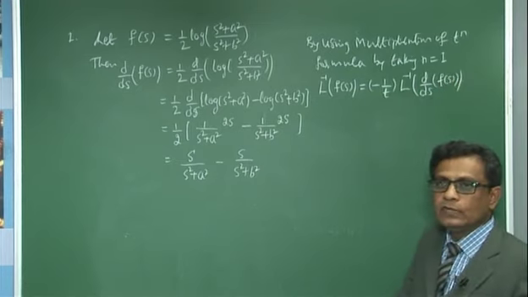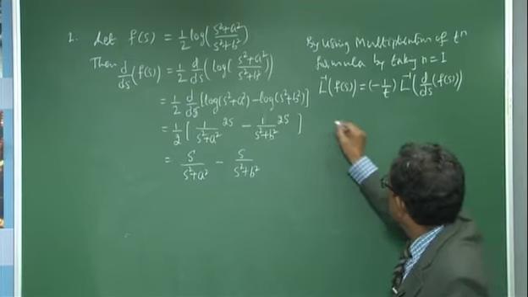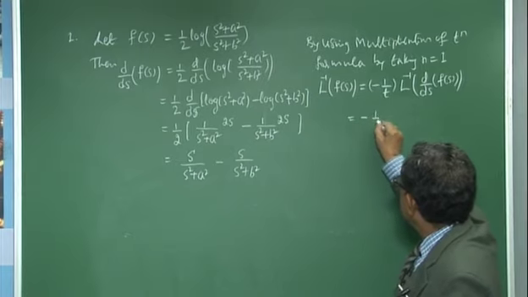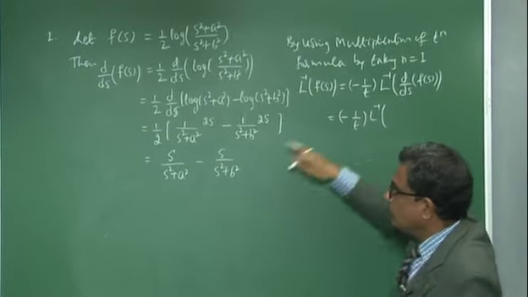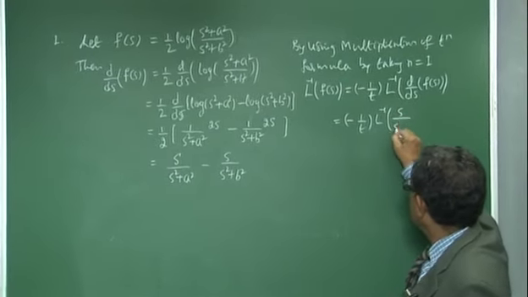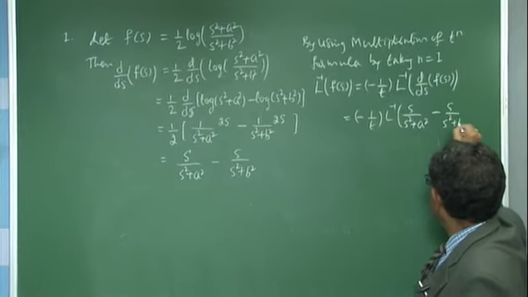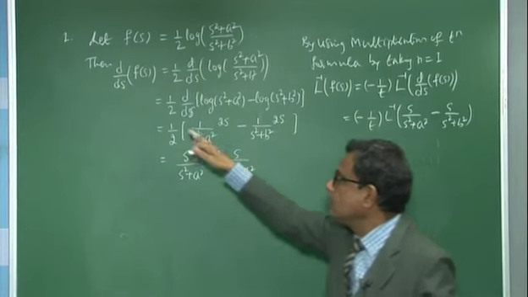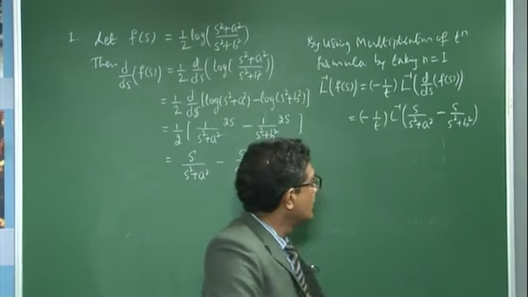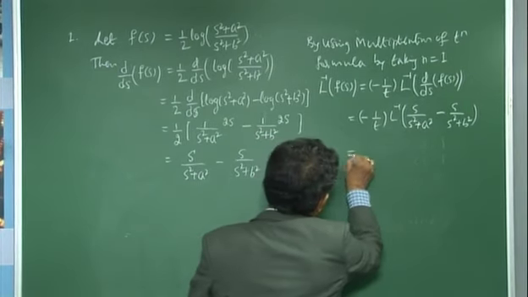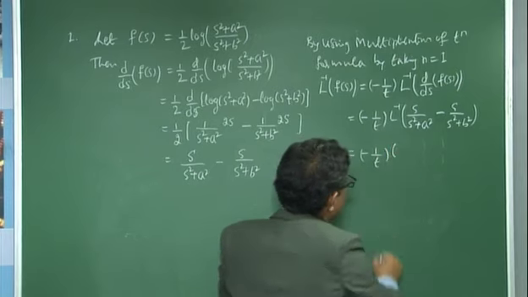Now substitute the corresponding values. L inverse of f of s is minus 1 by t, L inverse of the derivative, which we got: s divided by s square plus a square minus s divided by s square plus b square. This value you have to substitute. Now simplify. What is the first term?